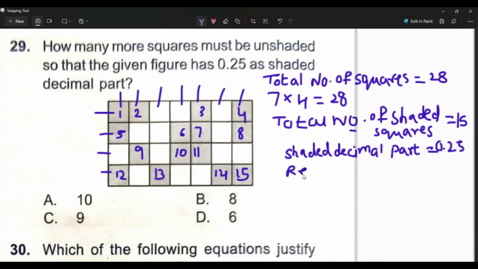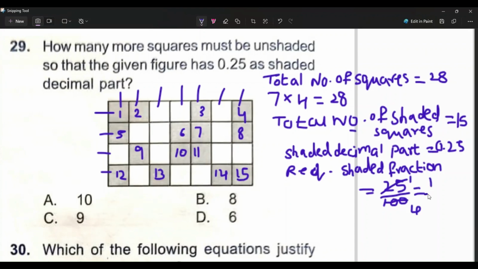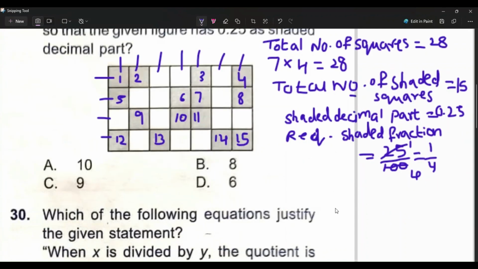Required shaded fraction: 0.25 can be written as 25 divided by 100. It's nothing but 25 ones, 25 fourths. So we got 1 by 4. So required shaded fraction is equal to 1 by 4.